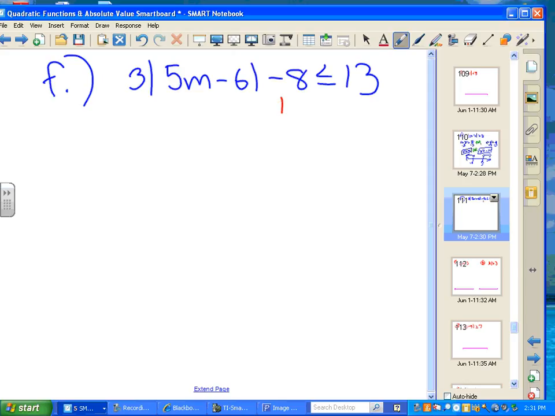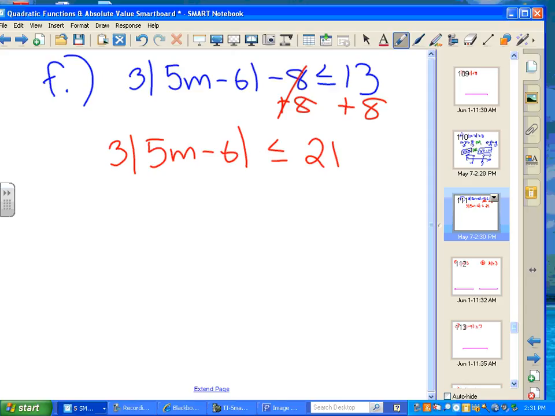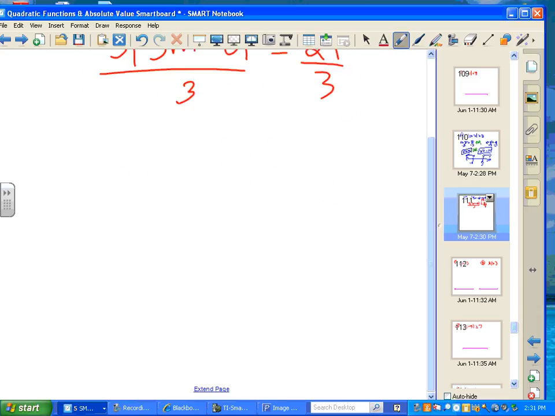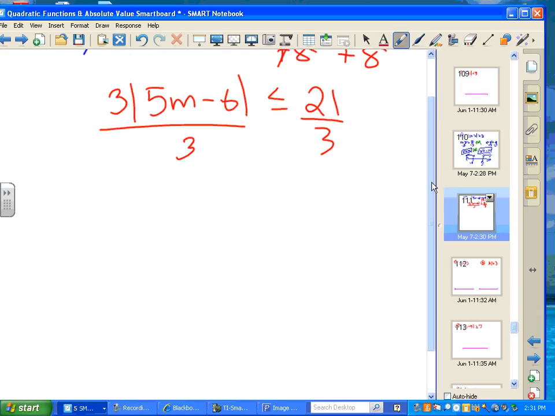Get it into the standard form for these types of problems. So we need to add 8 to both sides. So we have 3, absolute value of 5m minus 6, less than or equal to 21. Nathan, how do we get rid of the 3? Good. Divide both sides by 3. Whoops. So we have absolute value of m minus 6, less than or equal to 7.